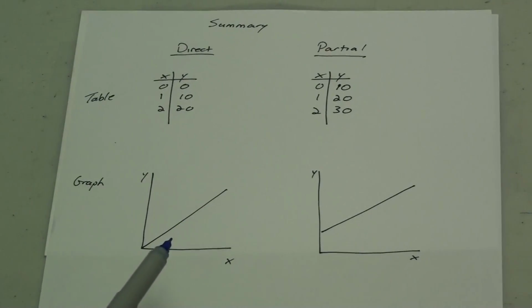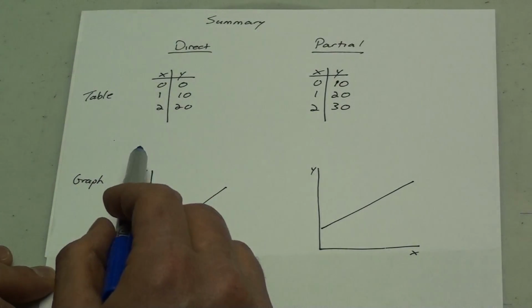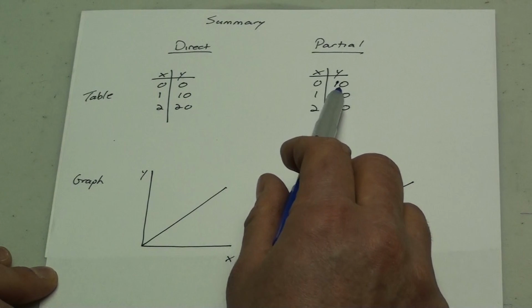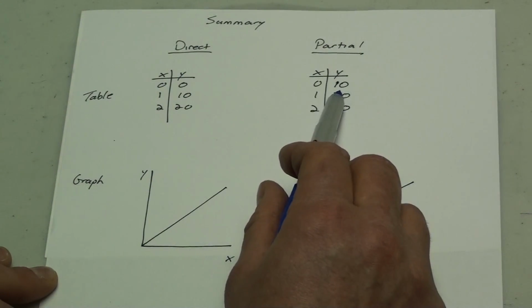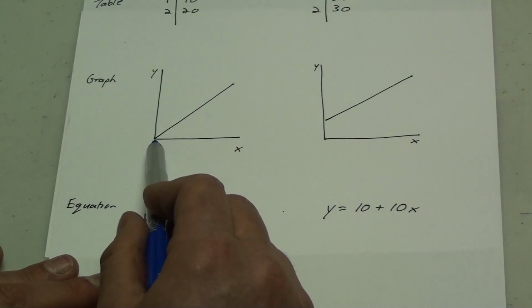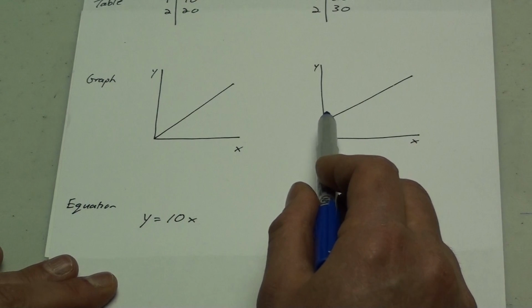So just as a quick summary. In a table of values, direct variation starts at 0, 0. Partial variation does not. It'd be 0, 10, something like that, or 0 and another value. Graphically, direct variation starts at 0, 0. Partial does not. It starts up a little bit.